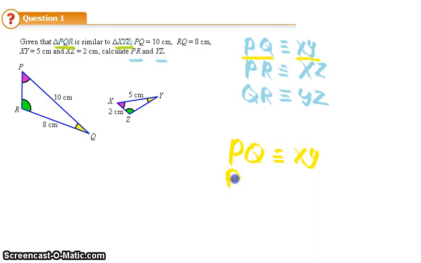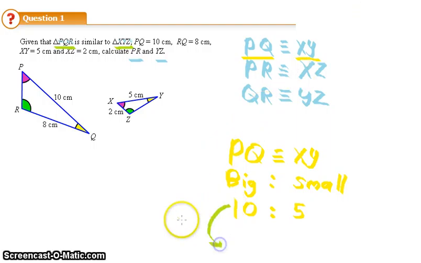So the big triangle to the small triangle ratio: when PQ is 10, the small triangle is 5. How do we simplify it? We divide by 5, and it will be a ratio of 2 to 1.